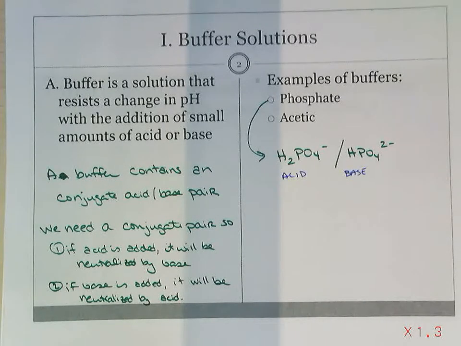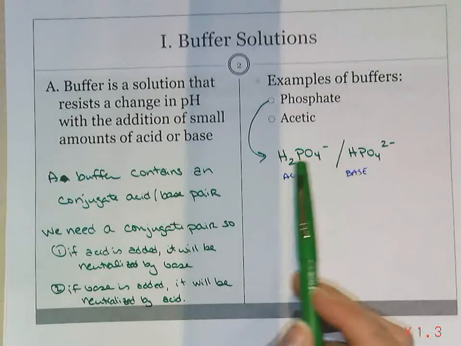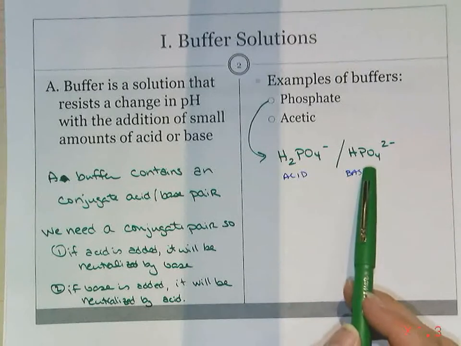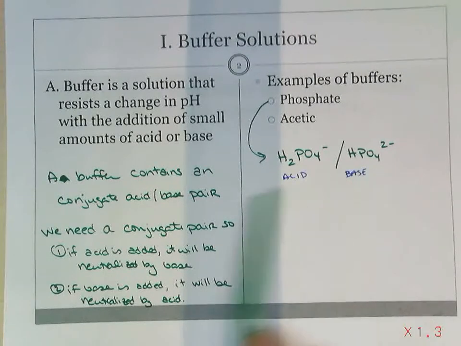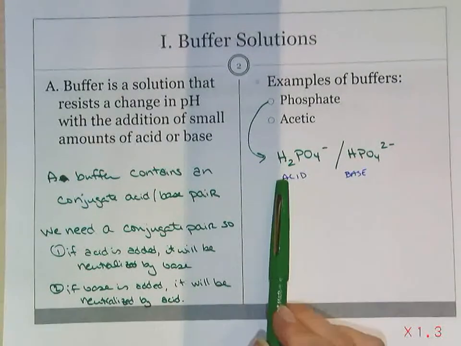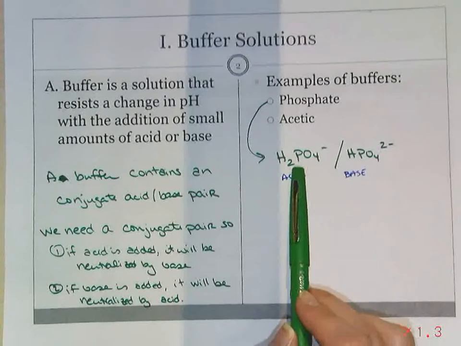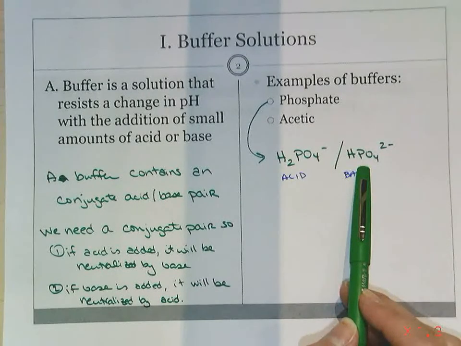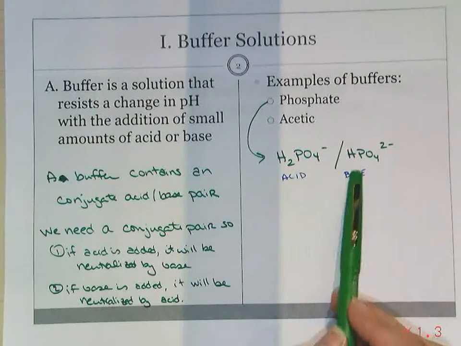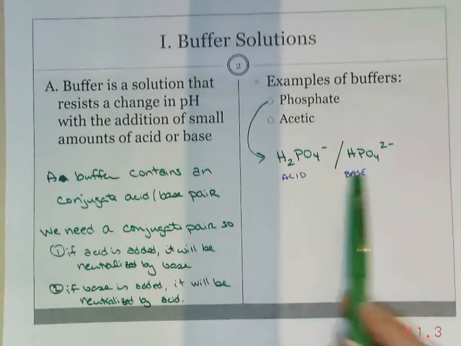If I add acid to a solution that has both of these, the base will abstract the proton from the acid and turn into the conjugate acid. Or if I put base in there, the base will react with this and turn it into its conjugate. So you're not producing a new species, you're just changing the ratio between the conjugates in the solution.